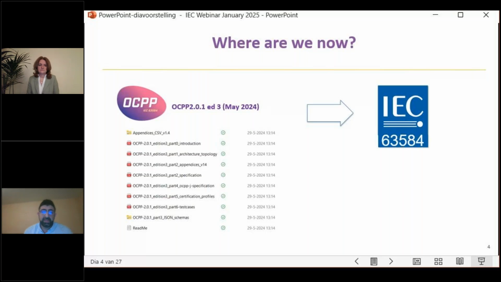In fact, and to highlight a very important point, IEC 63584 is the result of a liaison category A between OCA and IEC TC69. And for those who do not know what IEC liaison category A is, it is for organizations that make an effective contribution to the work of the committee for questions dealt with by this committee.